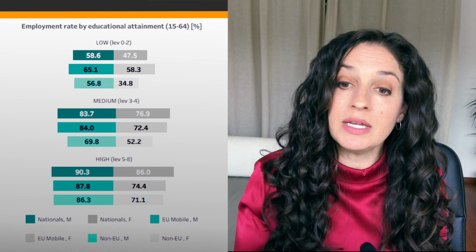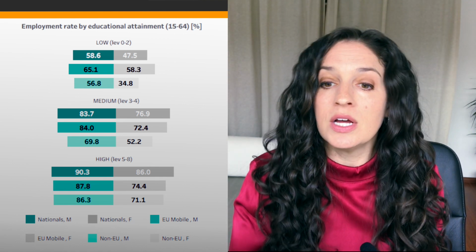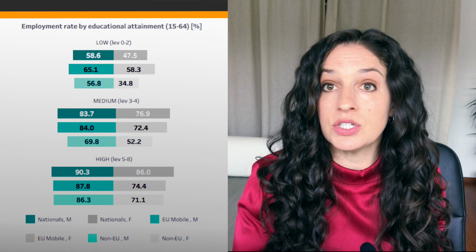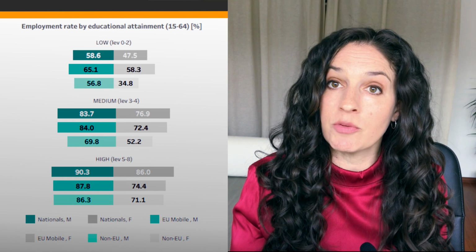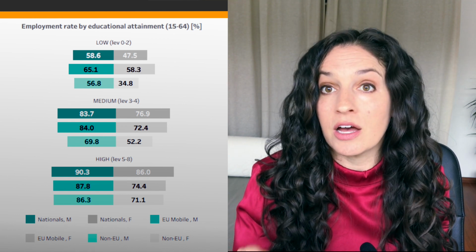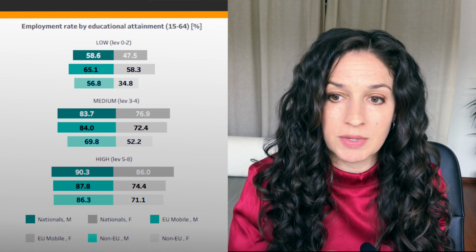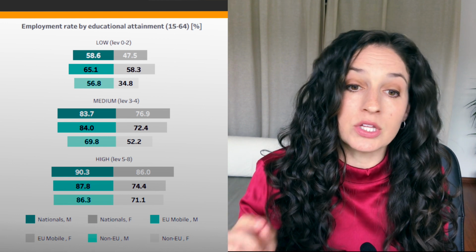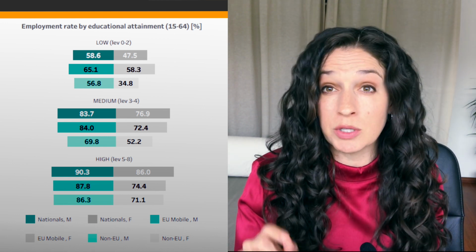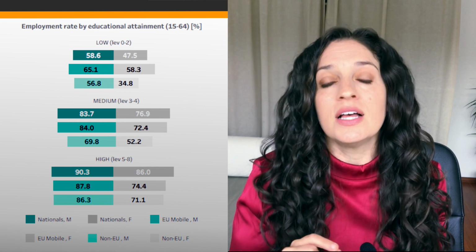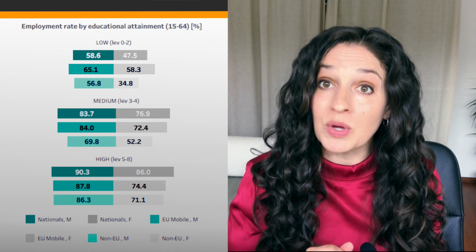If we look at the medium educated group here, again, nationals and European immigrants look very similar, where immigrants coming from outside of the EU have lower rates of employment. And if we look at the low education level, here the groups look more similar, but actually the group that's performing the best here is immigrants coming from within the EU.